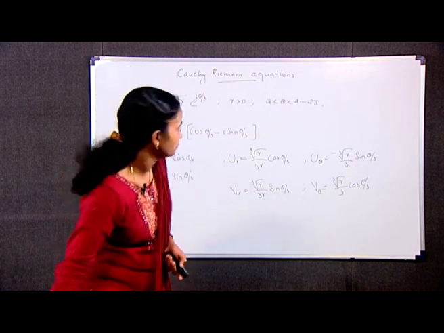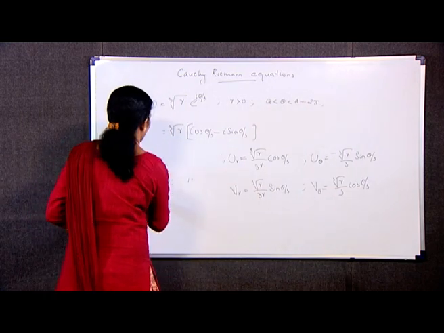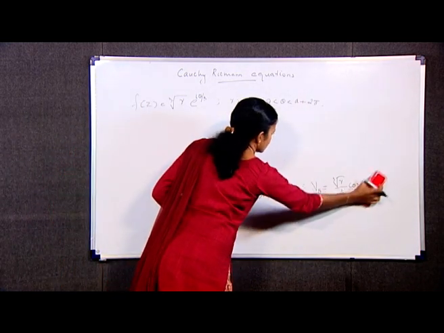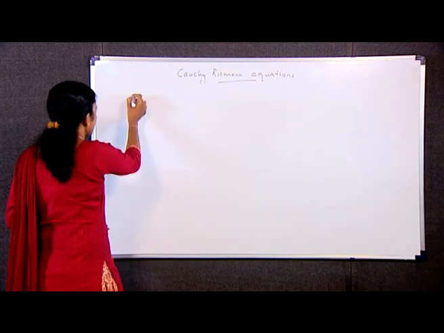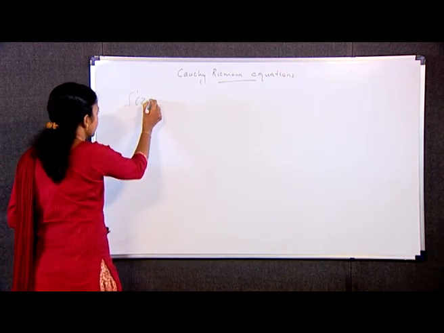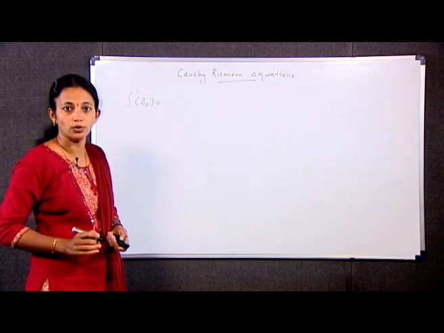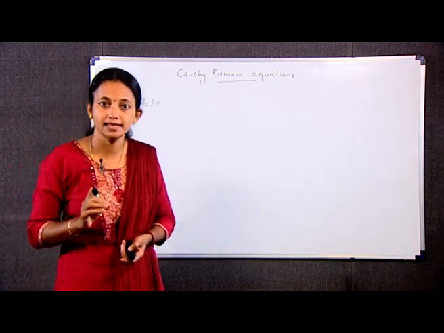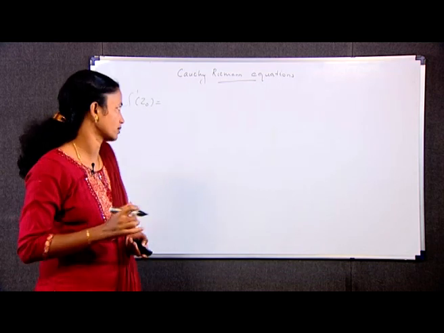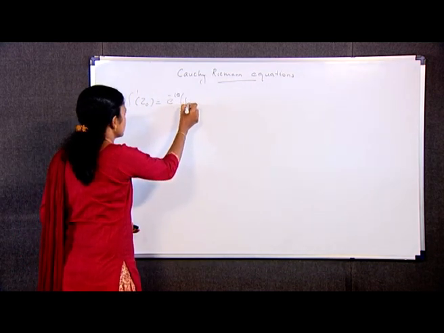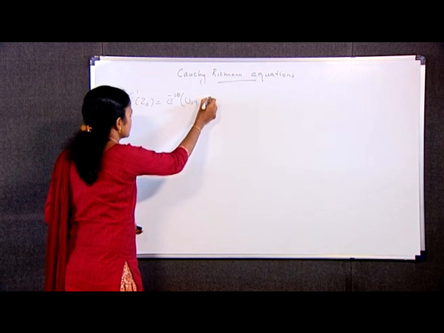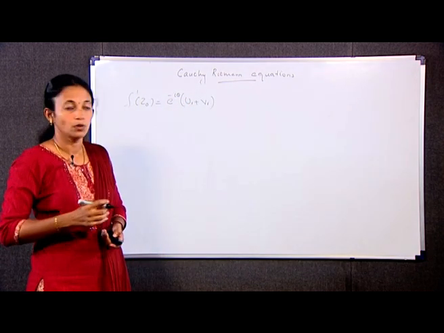f dash of z naught is equal to e raised to minus i theta times (u_r plus i v_r).